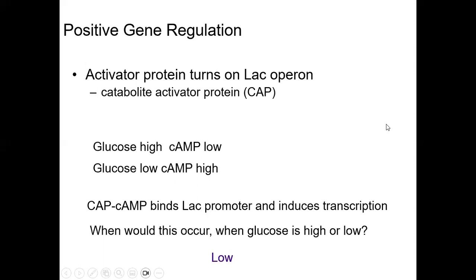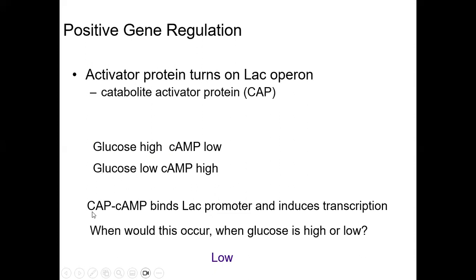Okay. So the glucose concentration can affect the activity of the CAP protein or the CRP protein by changing the amount of cyclic AMP availability. If you have high glucose concentration in the cell, then the effective concentration of cyclic AMP will be low, and vice versa.